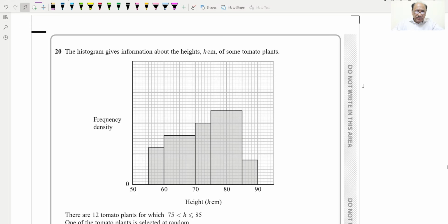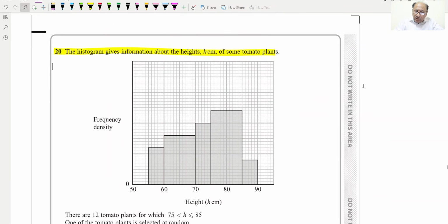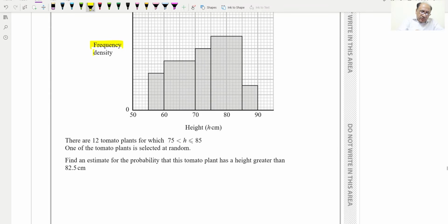Question number 20. This is easier but a little tricky. This histogram gives information about the height h of some tomato plants. So this side is frequency density and this side is height. And the frequency density formula, I just want to mention, is frequency density equal to frequency divided by class width.